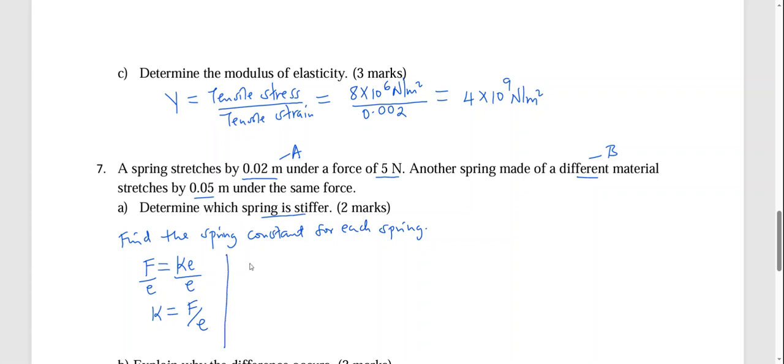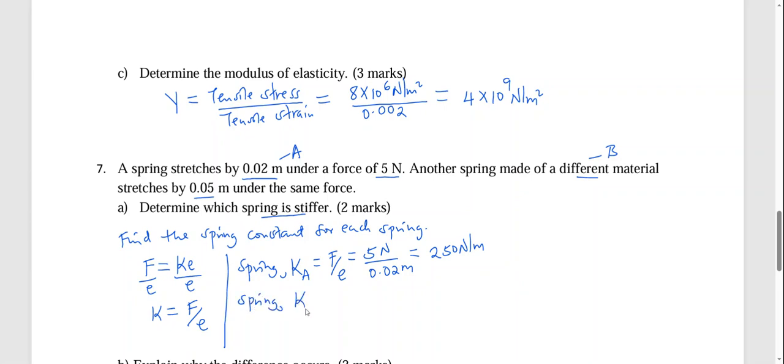Now for spring A, its spring constant will be force all over e. Therefore, the same force, 5 Newton all over 0.02 meters. This gives us 250 Newton per meter.